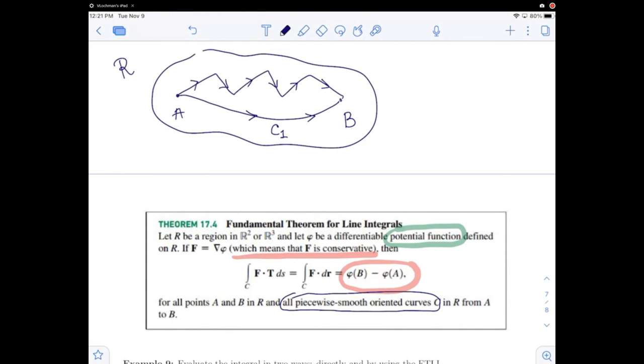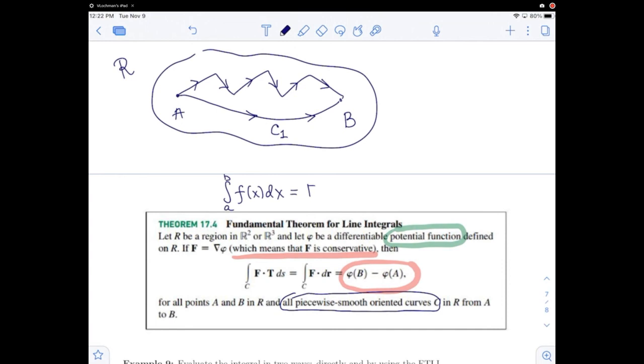And you can kind of see that this is just an extended version of the fundamental theorem of calculus, right? What did we say our fundamental theorem of calculus one was? When we had an integral from A to B of a function f of x dx, and we had an antiderivative, right? What was our antiderivative?